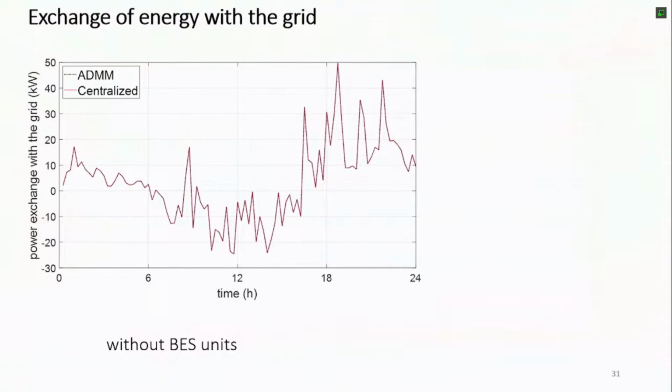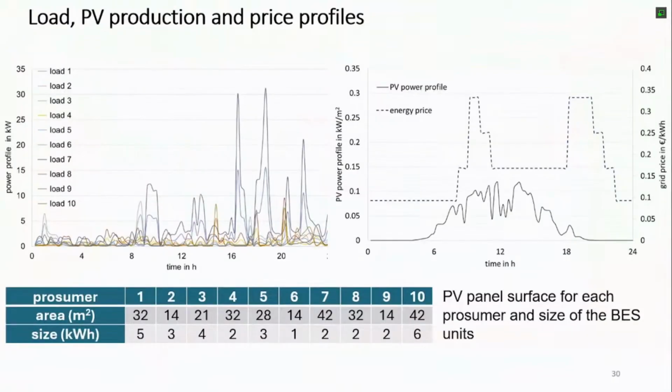And then there is a period at the end of the day in which again the community absorbs power from the grid. You remember probably the load profiles. You see that the load profiles are quite high at the end of the day and low in the middle, but in the middle you have the photovoltaic production, so that makes sense.